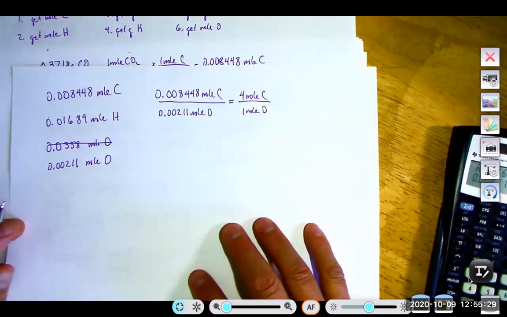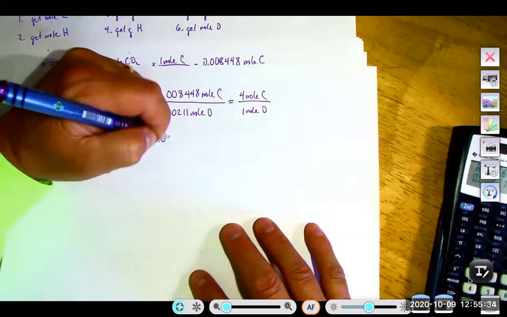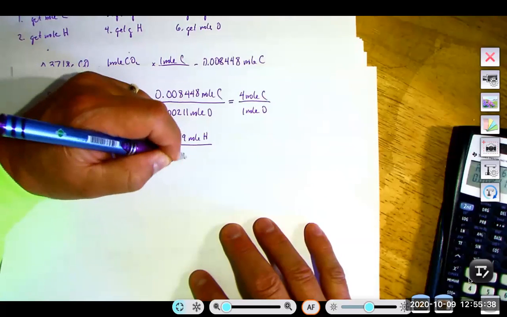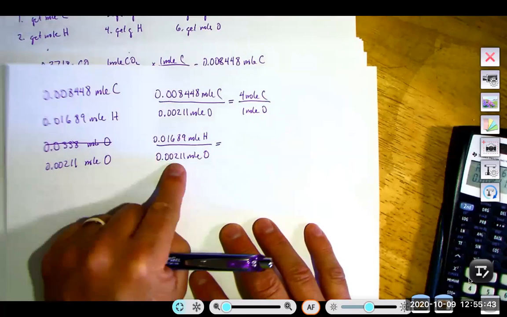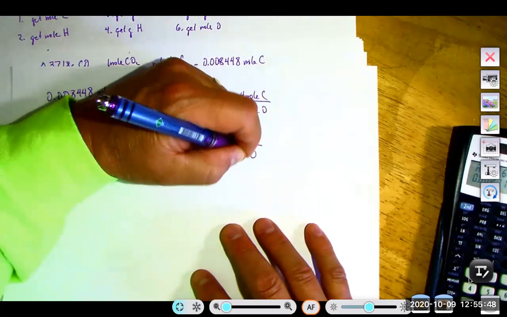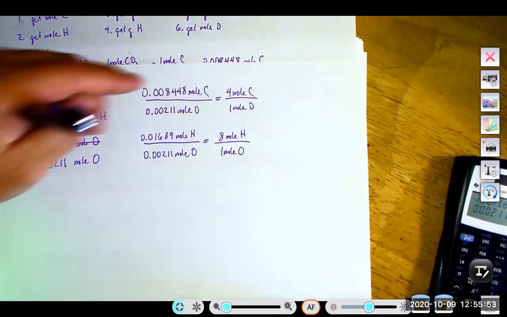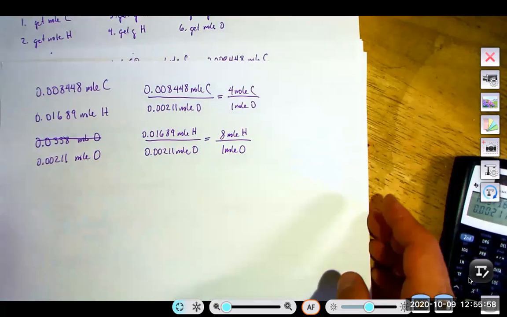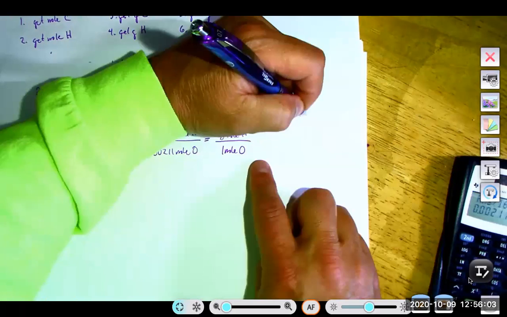We're going to do the same for hydrogen: 0.01689 mole of hydrogen over 0.00211 mole of oxygen. And here, this looks like it's going to be 2 into 16. That's going to be 8 mole of hydrogen to 1 mole of oxygen. Okay, so I'm taking the other two and dividing each of them by the smallest. And so we can see that the ratio is going to be carbon 4, hydrogen 8, oxygen 1.